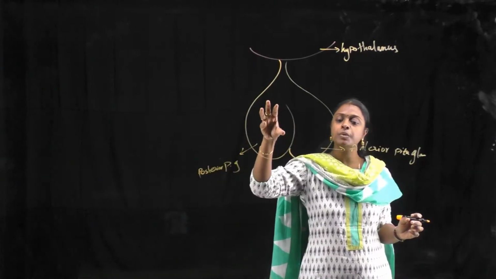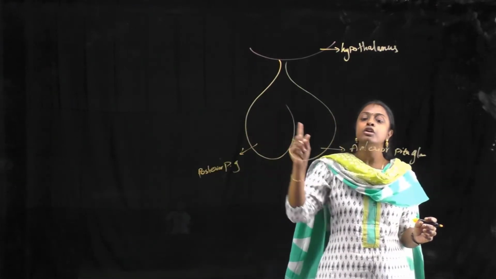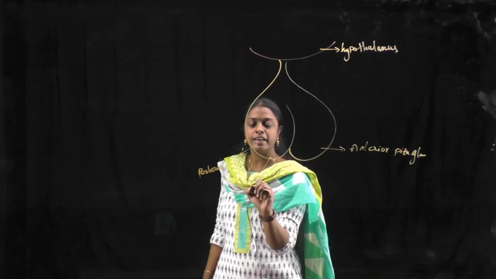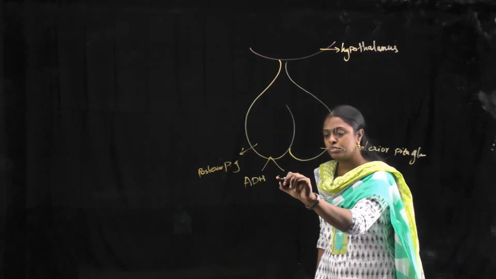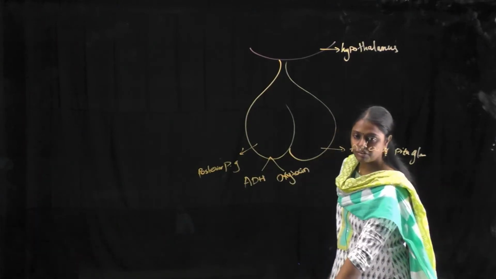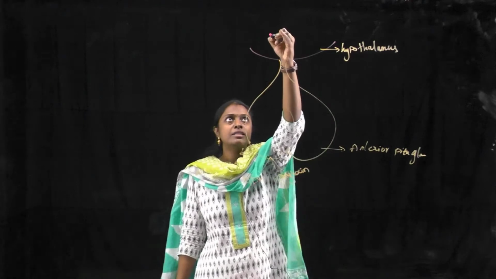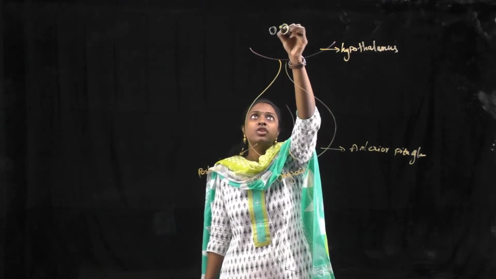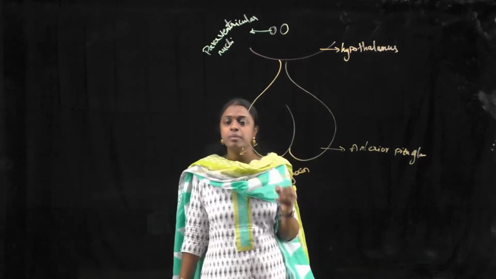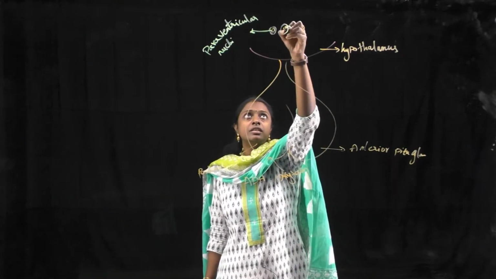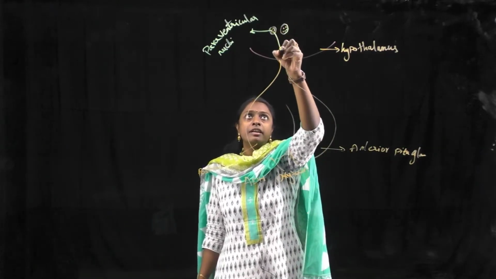This posterior pituitary gland will release 2 main hormones, that is ADH and oxytocin. So how it is releasing? You will be having in hypothalamus button-like structures which are called as paraventricular nuclei. This button-like structures will get stimulated.